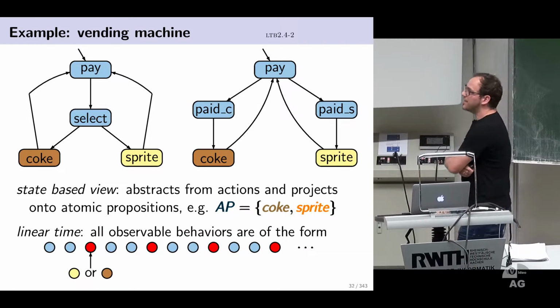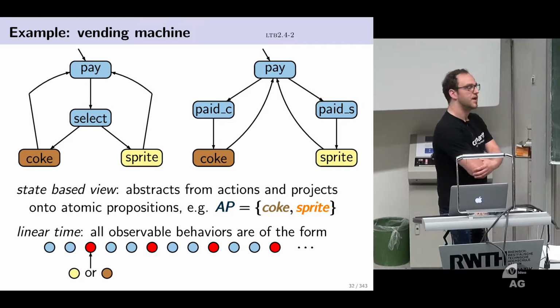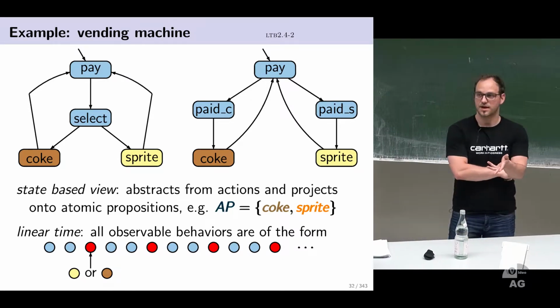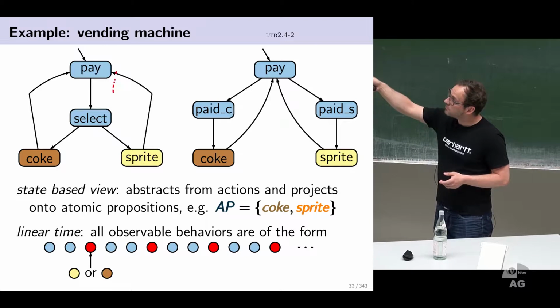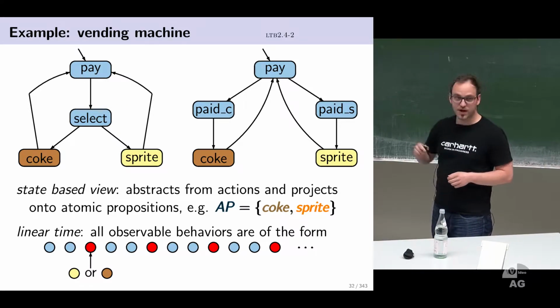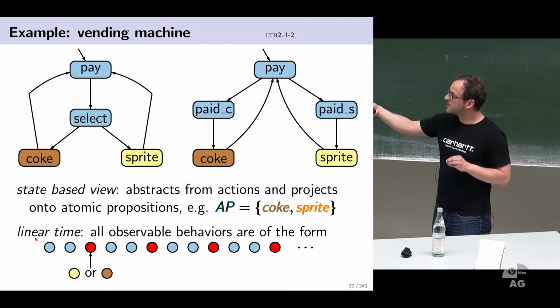Okay, so let's look at the linear time behavior of those two transition systems. And as you might already see, they are not distinguishable in linear time. If you look at all the paths going through this transition system and project this to the labelings of the states, you will get a sequence like this.